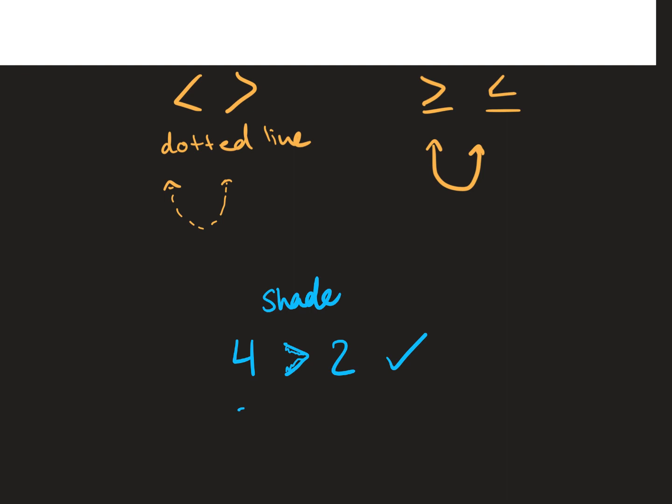If it was something like 3 is less than negative 1, this is not true because the open part has to be pointing towards the greater numbers. This is not true. So for something that is true, we shade inside, if our point that we picked comes from inside. For something that's not true, we shade outside.